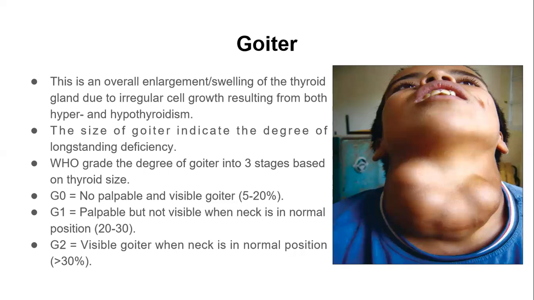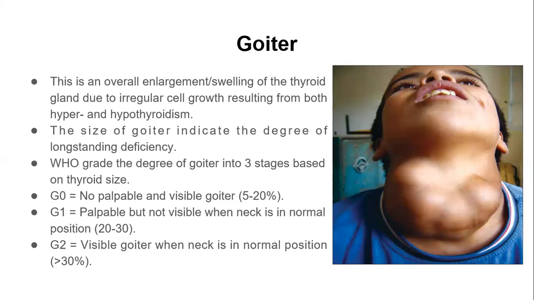Based on that, the WHO categorizes goiter into 3 stages based on the thyroid size. We have G0, which is a condition where the deficiency is actually there, but there is no palpable and no visible goiter. You don't feel any enlargement around the area where we have the thyroid gland, and there is no visible goiter as well.